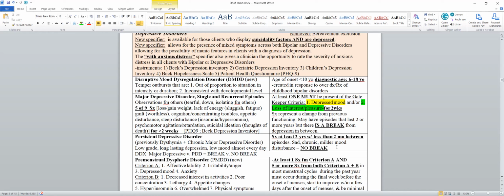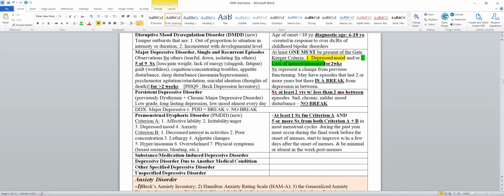So the symptoms are milder, but they have low mood almost every day for at least 2 years with less than 2 months between episodes. Premenstrual dysphoric disorder is new.